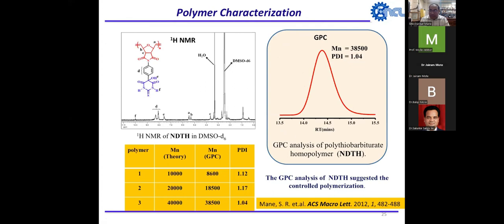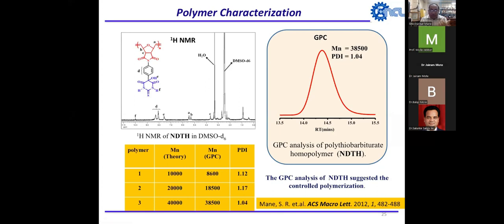At the same time, we need to check the molecular weight. So we chose gel permeation chromatography, where we injected the samples and observed a molecular weight of 38,500 with a very narrow polydispersity index, and we made a series of polymers. Once the characterization is over, then what's next?